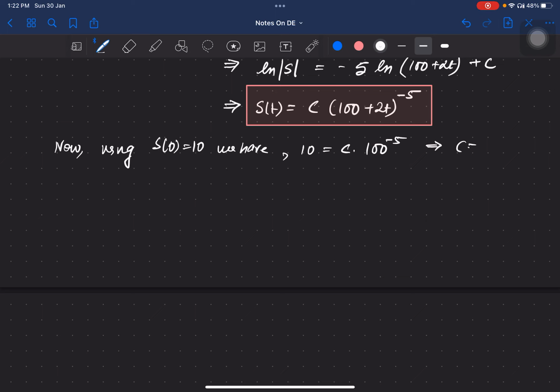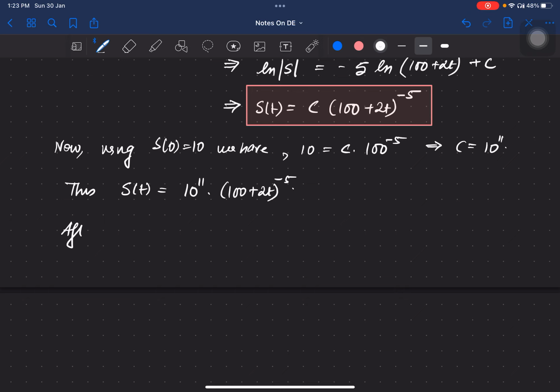So c equal to 10 times 100 to the power 5, which is 10 to the power 11. Thus S(t) equal to 10 to the power 11 times (100 plus 2t) to the power minus 5.